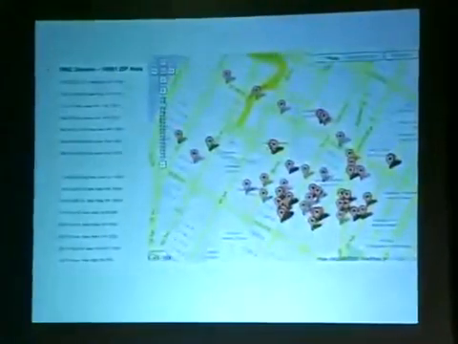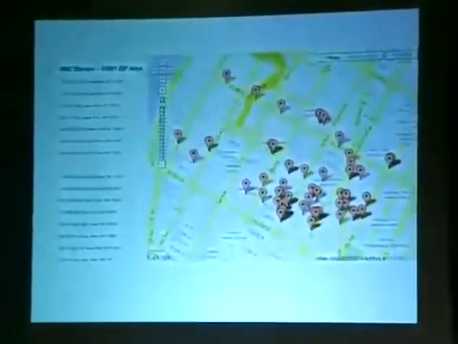So first of all, geocoding. What is geocoding? Geocoding is just the simple process of taking an address and deriving a latitude, longitude coordinate point, and then plotting it on a map. This map right here, I created with a little tool that I whipped up using the new version of Google Maps. I dropped into it this list of addresses.